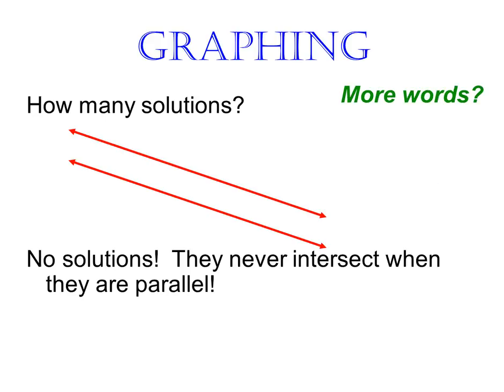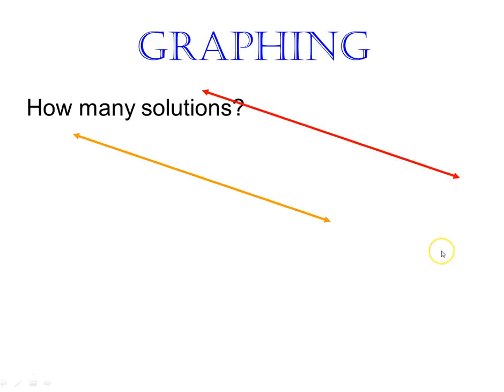All right, let's do some more words. Inconsistent. What's going to happen to you if this is your business? You're going to go bankrupt. This is an inconsistent system. It doesn't work. It doesn't make sense. Okay? What if you were doing your little drawing and you were graphing and all of a sudden you realized that the two lines you had were the same line?